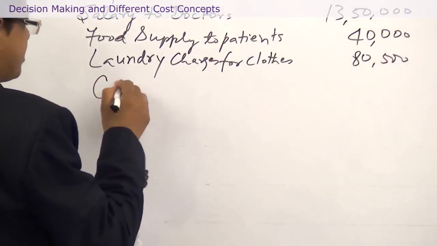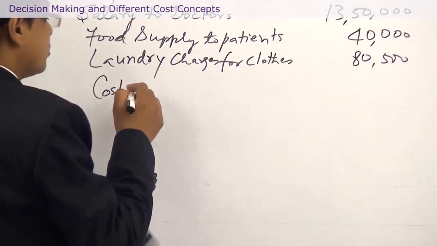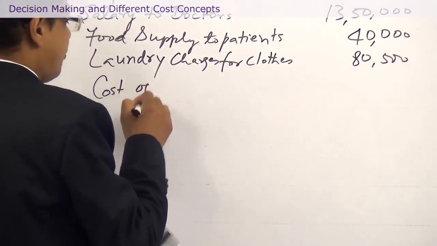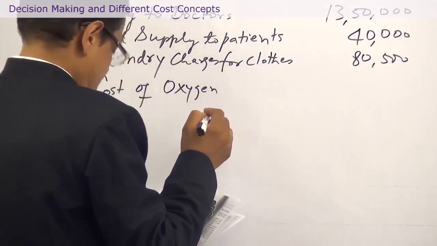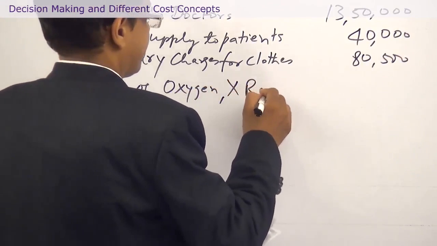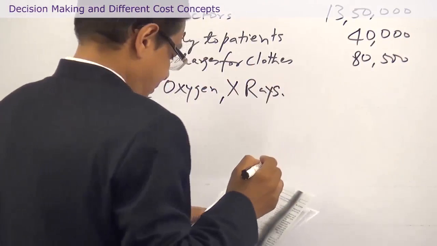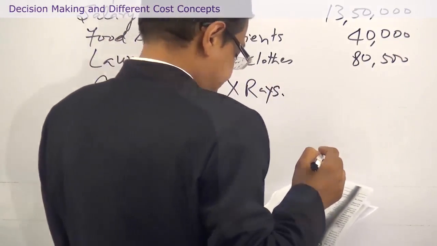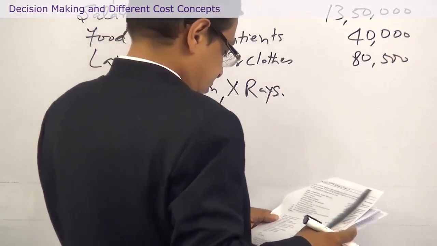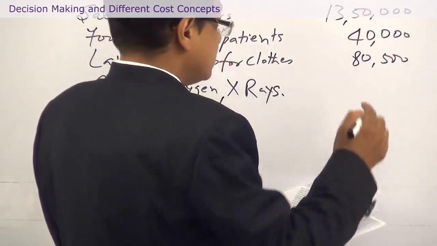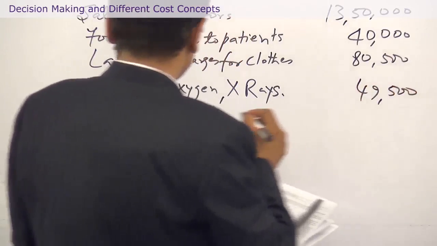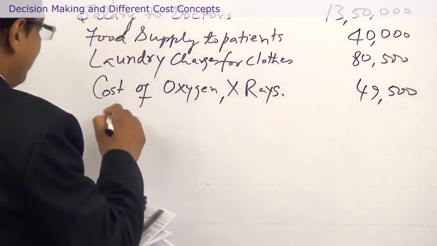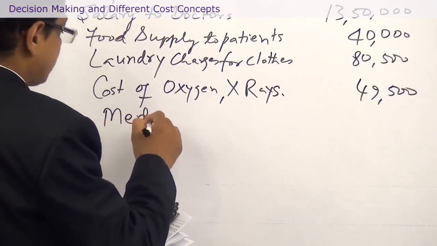There are equipment costs, like cost of oxygen, X-ray, etc., which are borne by patients. So they are 49,500. You have medicines cost also.